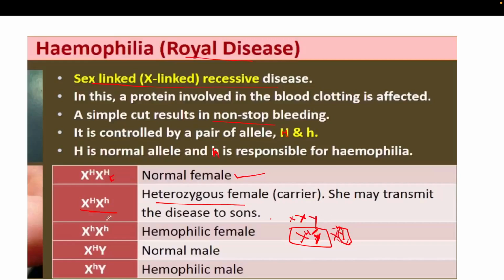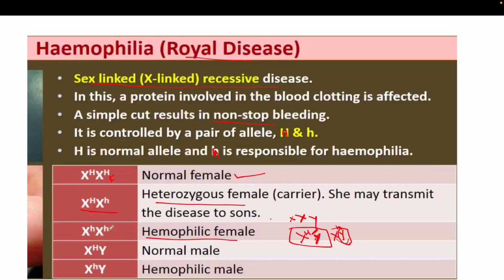And the daughter will be affected only when both of these genes occur, like X small h and X small h. Then only we can say it is a hemophilic female.